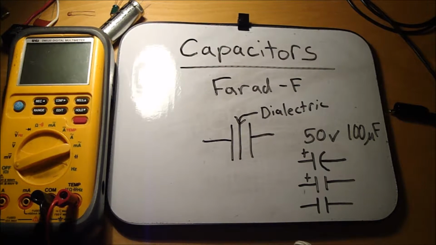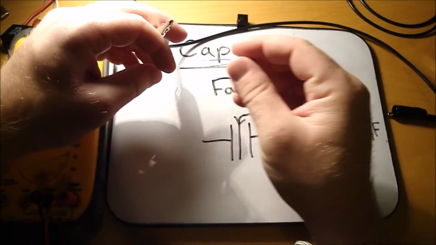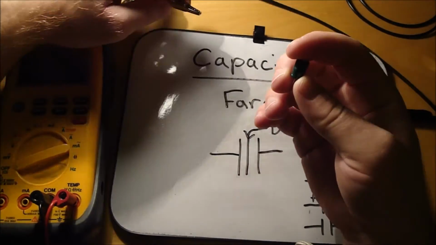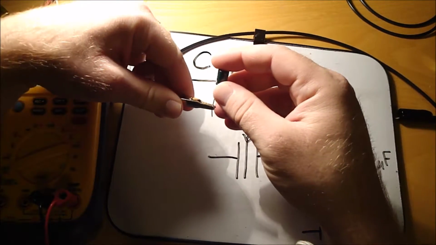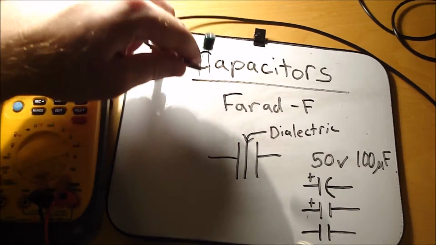We're going to put voltage to a capacitor and charge one up and just show you that it holds the charge. Alright, I'm putting my positive lead on the long one, the one that does not have the stripe marking. And then this one's my negative.